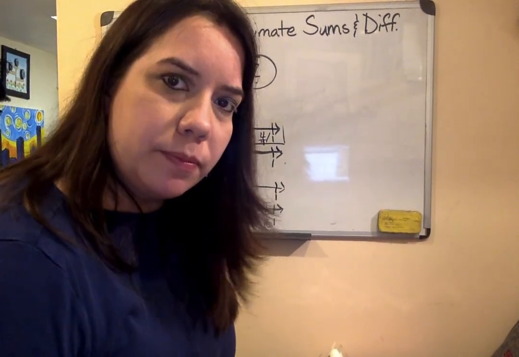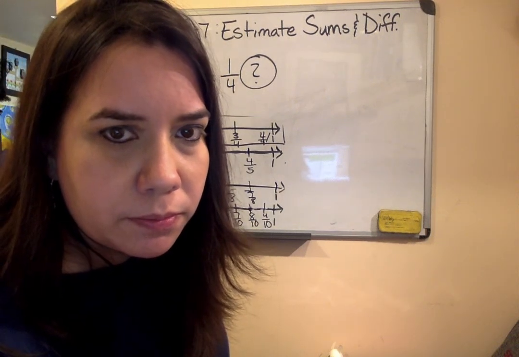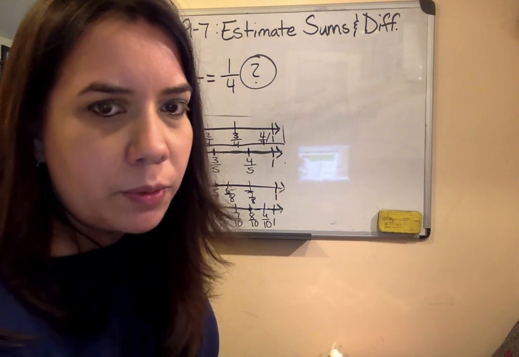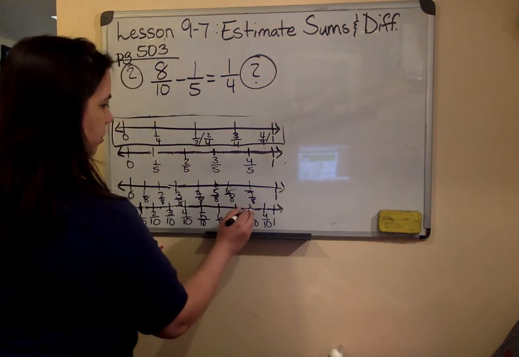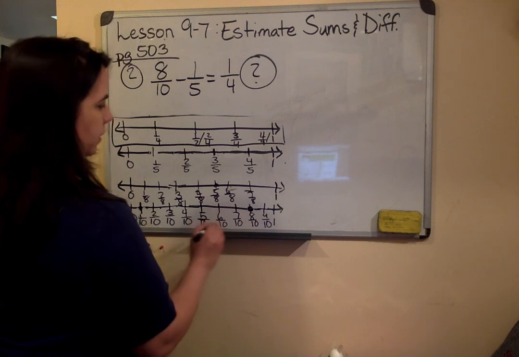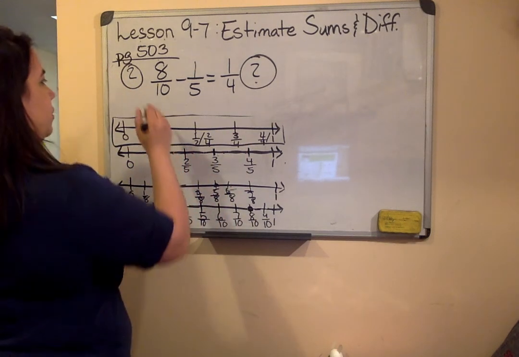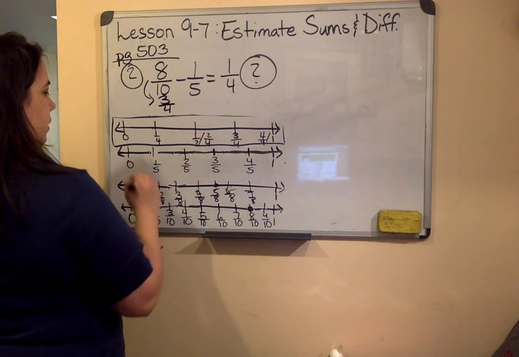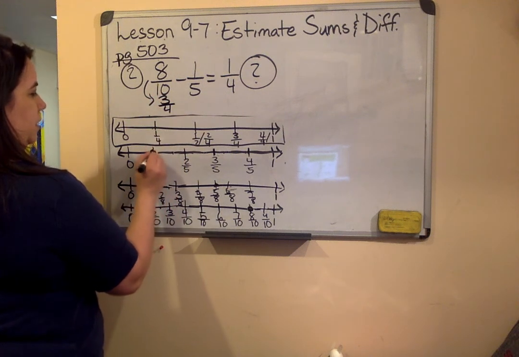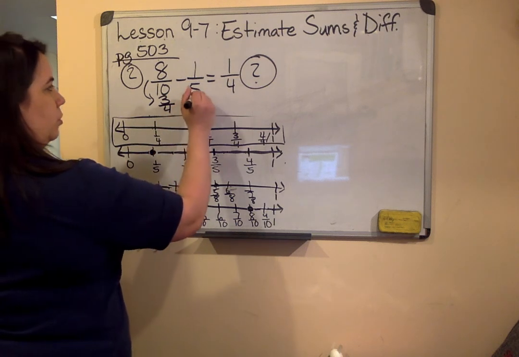So we have 8/10, 8 décimos. That's right here. Aquí está. 8 décimos, otra vez. It's close to 3/4. Es cerca de 3/4. 1/5, 1/5. That's close to 1/4. Está cerca a 1/4.